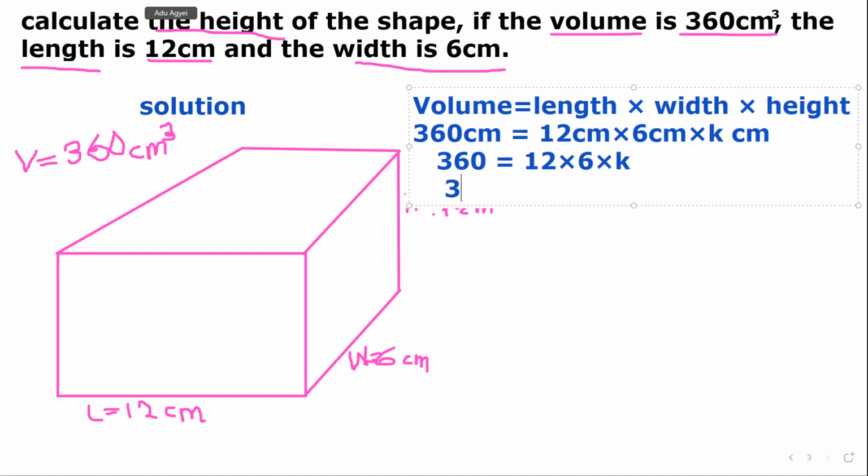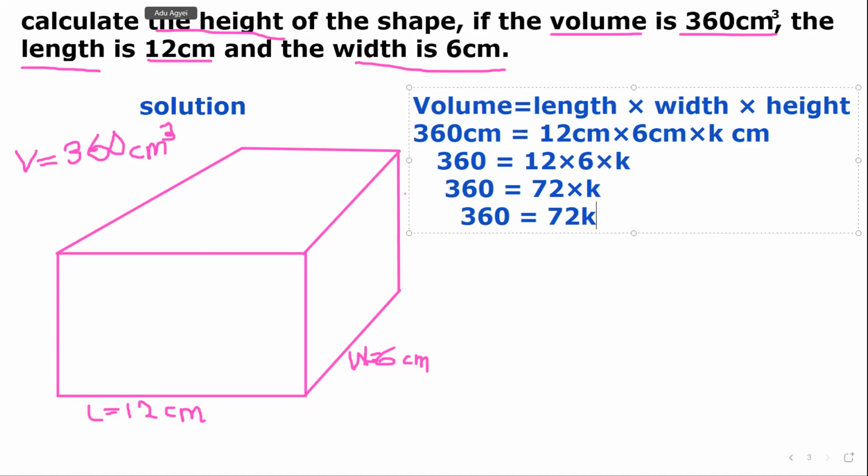So we have the 360 here, which is equal to 12 times 6, and that one is 72, times the K. Then we still have the 360, which is equal to 72 times K. Anytime you multiply a number and the letter, you get alphanumeric, so it will be 72K.